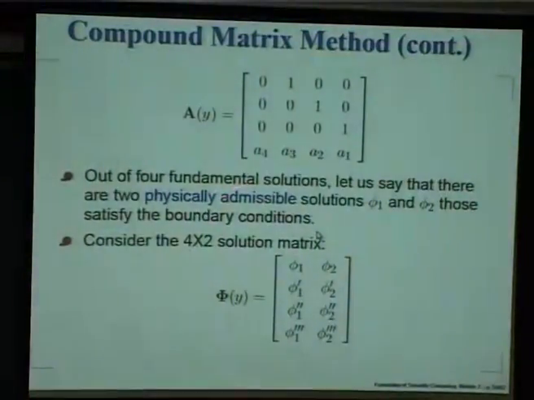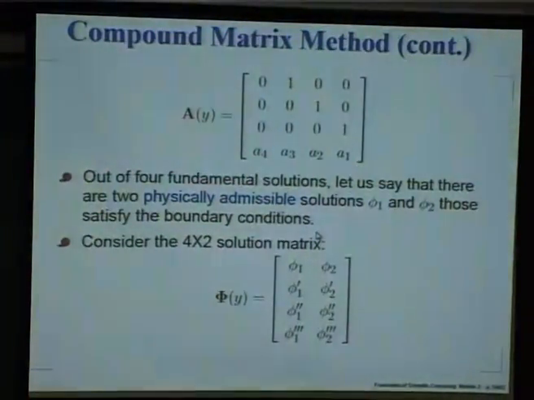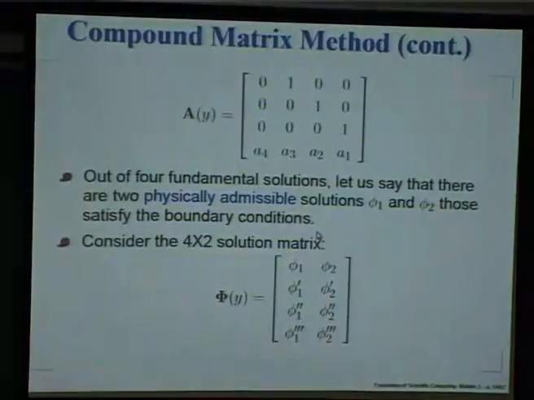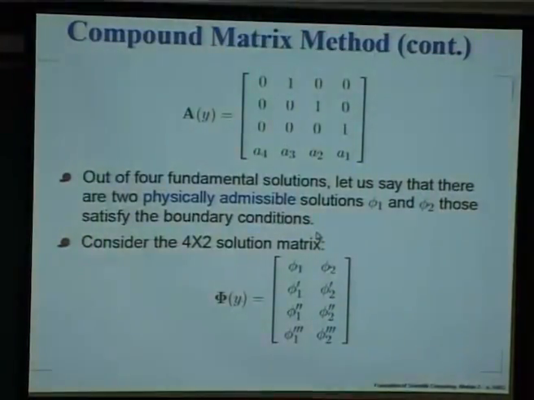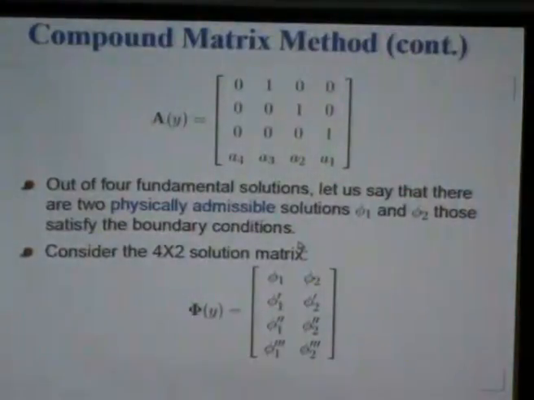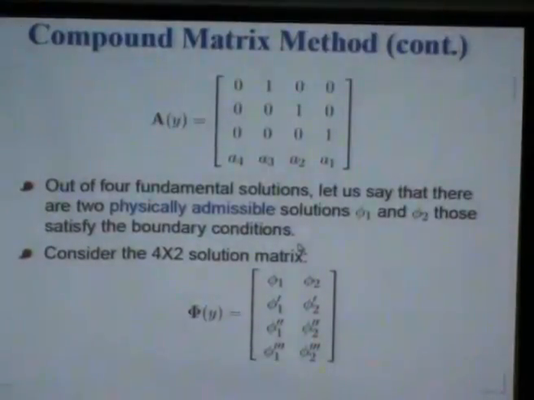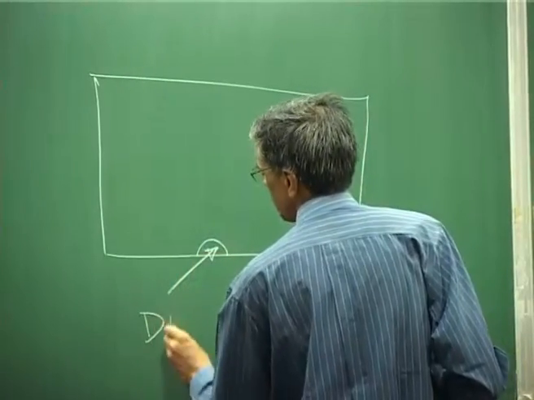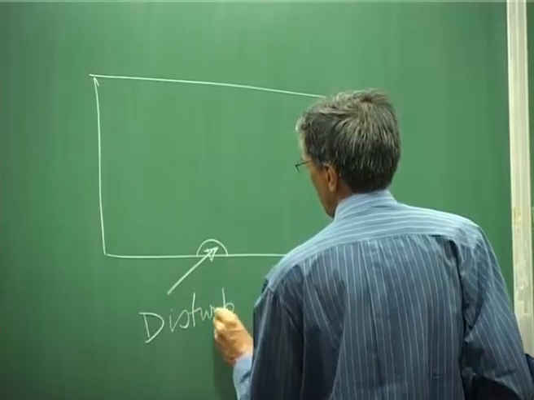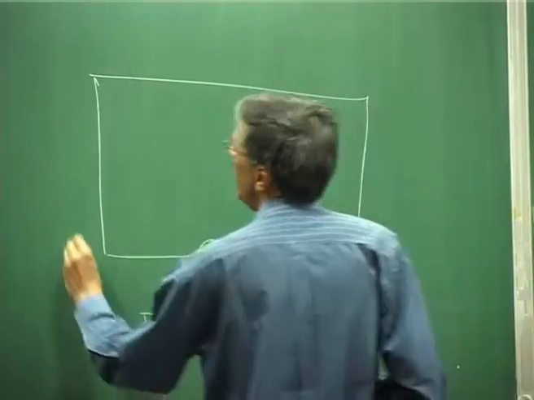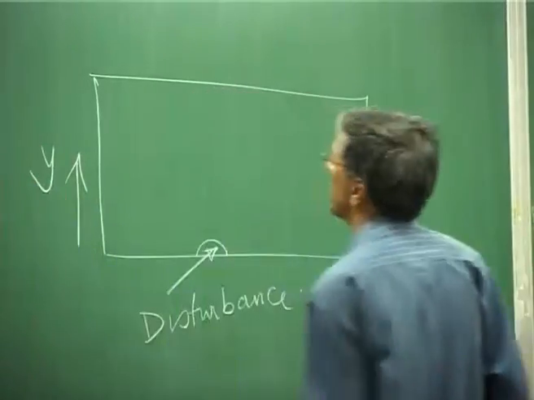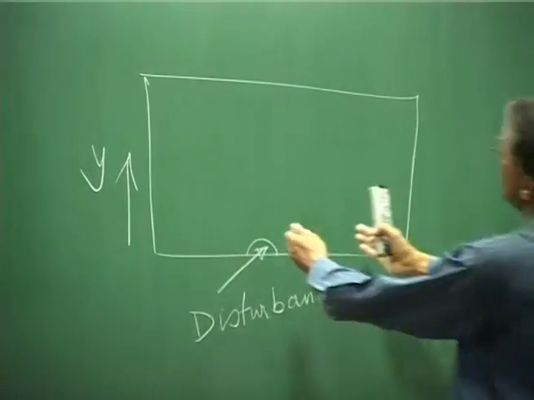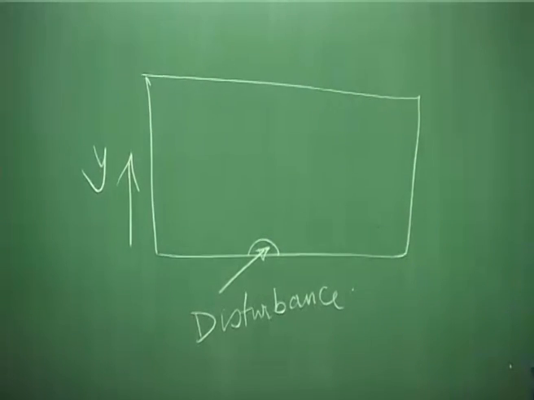Now, as I said, it is a fourth order system. So, we will have 4 fundamental solutions, and let us say that 2 of them are physically admissible. Let us say we have a domain here, and I am creating some kind of a disturbance here, and if we are talking about this as y, what I am saying is that as I go far away from this, the disturbances would decay.